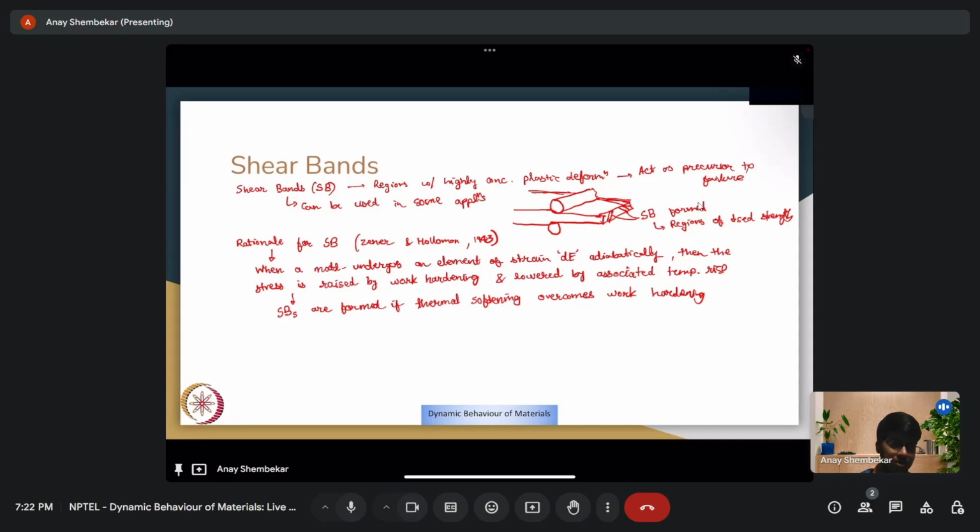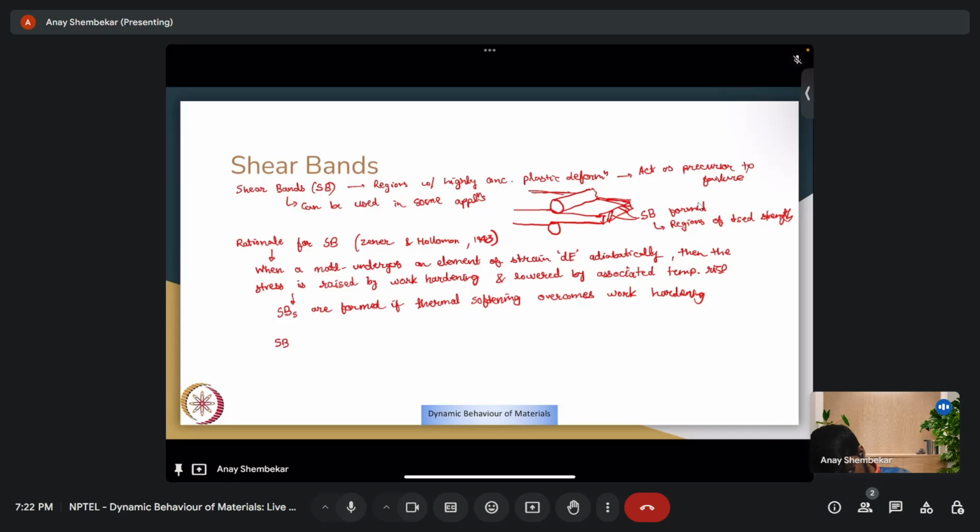Again, it depends on the material properties, but that can happen. That is the critical spot we are interested in when looking at these shear bands.